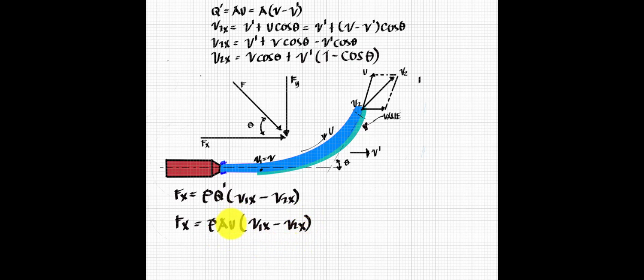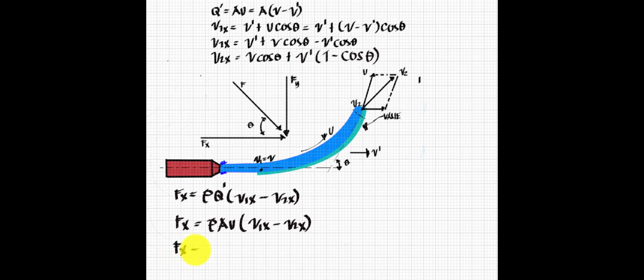Now we can express u in terms of the change of velocity, from the absolute velocity of the jet before striking the vane, minus the velocity of the vane.